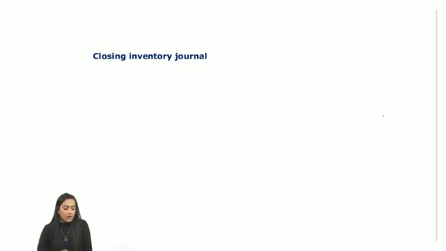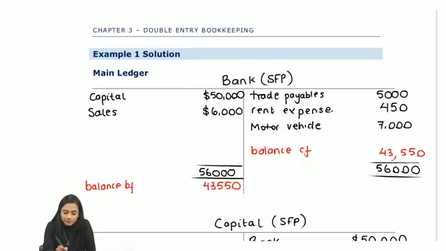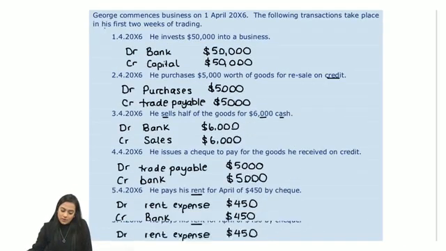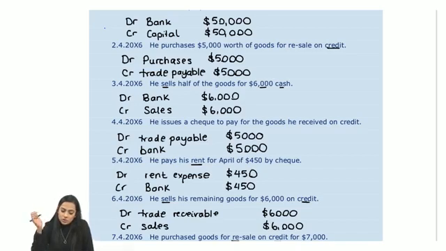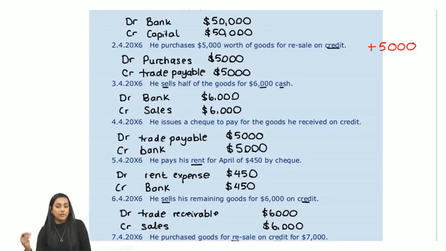Okay. So how much inventory does George have left over at the year period end? So you can see that on the 2nd of April, he purchases $5,000 worth of goods. So his inventory value now is 5,000. But then on the 3rd of April, he sells half of his goods for 6,000.